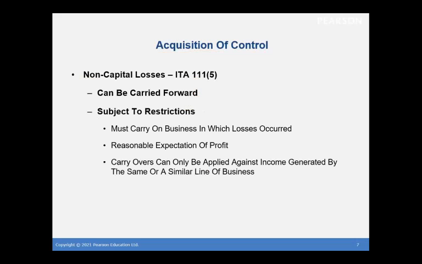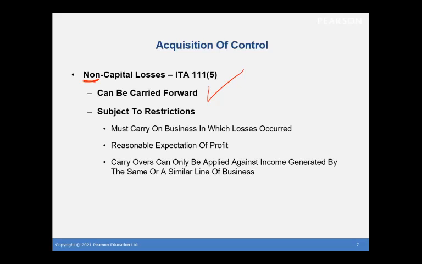Over on our non-capital losses, those are the specific ones I was talking about earlier, right? Your regular operating type losses, not capital in nature, everything but capital, probably the more specific way to put it. Those can be carried forward, subject to the restrictions that I spoke on earlier.